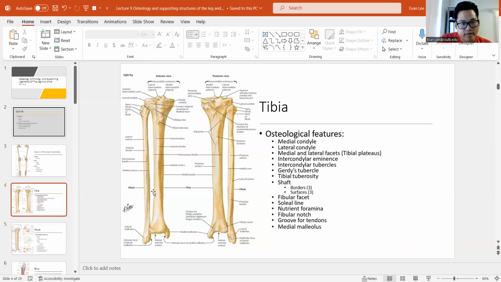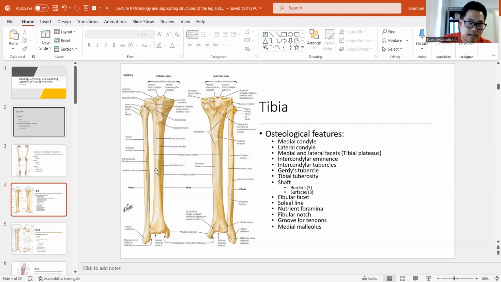Now, looking at the shaft of the bone, there isn't a whole lot of distinctive things except for one in the very front. That is going to be called the anterior border, or the anterior line. So if you feel the front of your shin, that is your anterior border. And that one is really important because that's the front of your shin, but that also divides up your surfaces, which give you your medial and your lateral surfaces.